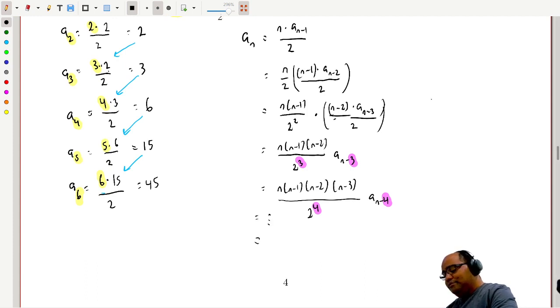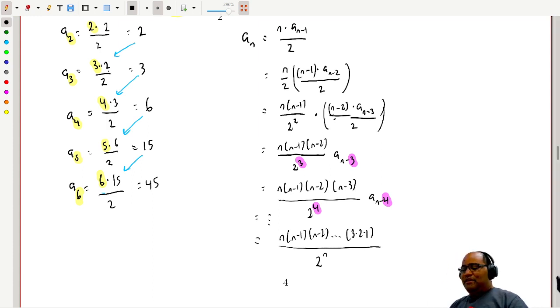what do you get? Well, it turns out you'll get the following. n times n minus 1 times n minus 2, multiply all the way down to get something that you know, 3 times 2 times 1 over 2 to the n. Okay, I've gone down n minus 1 steps. Okay, n minus 1, that gives me a_1, but a_1 is 2.